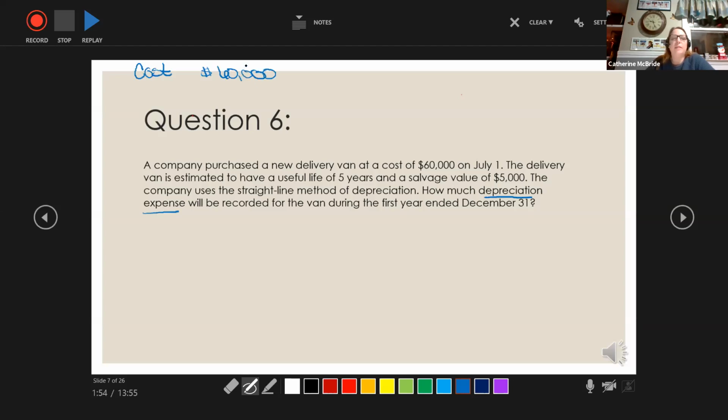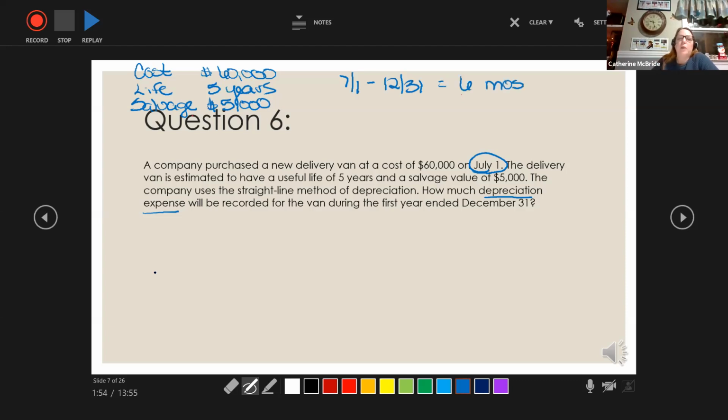The delivery van is estimated to have a useful life of 5 years and a salvage value of $5,000. And I bought it on July 1st. So from July 1 to December 31, how many months is that? 6.